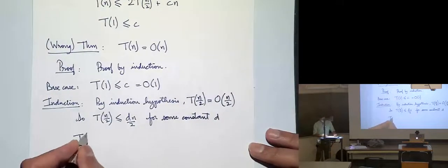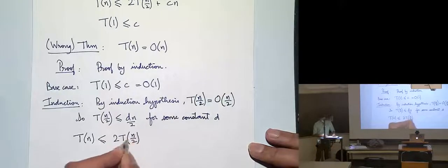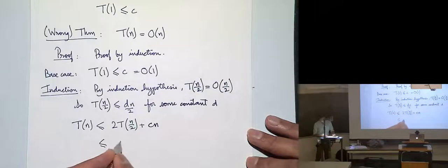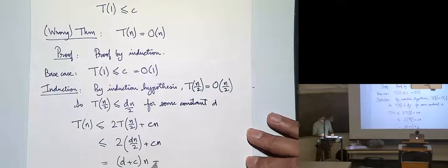Okay, so now that means we know that T of n is at most 2 times T of n over 2 plus C times n, which is at most 2 times d times n over 2. I just plug this bound in, plus Cn, which is at most d plus C times n.